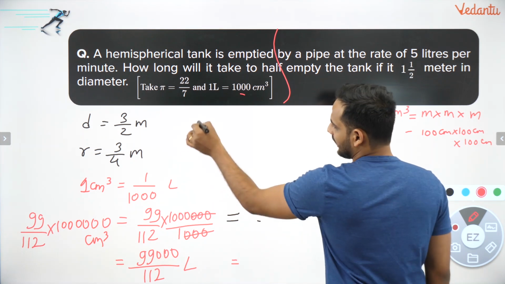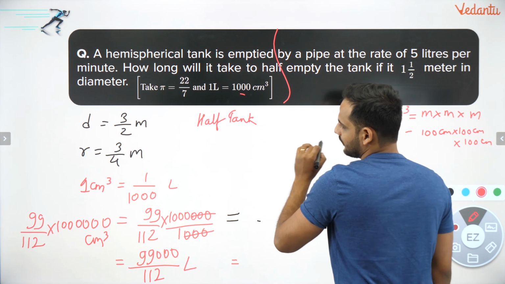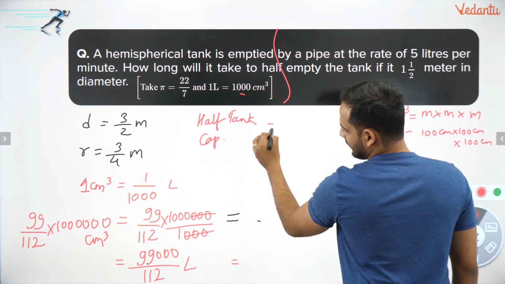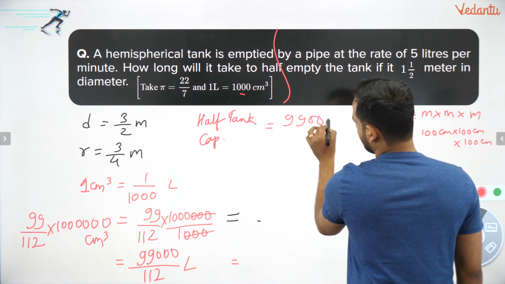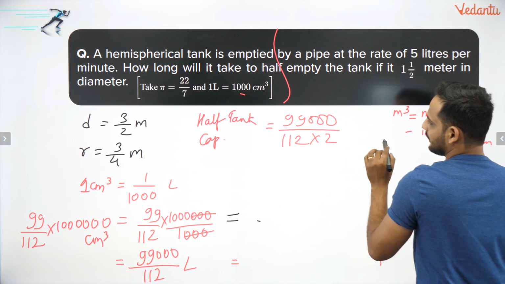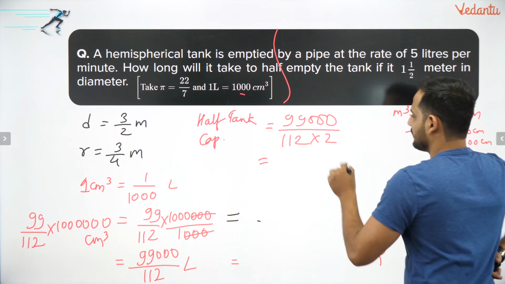To empty the water half, the half tank capacity will be equal to what? 99,000 by 12 divided by 2 again, right? So if we want, we can simplify this. Let's try to simplify.